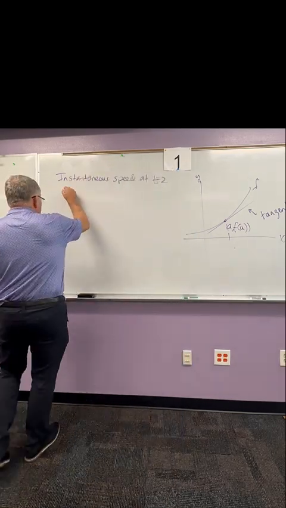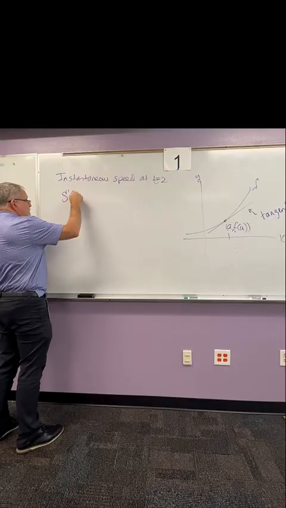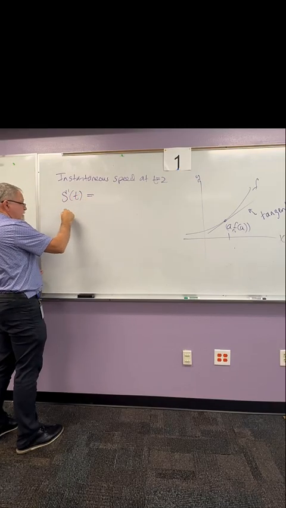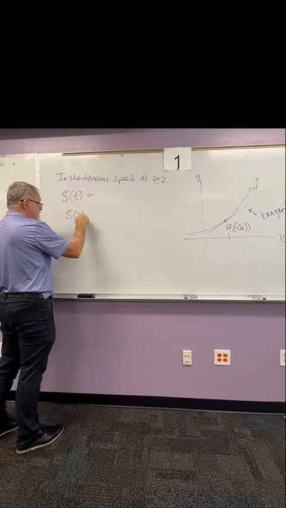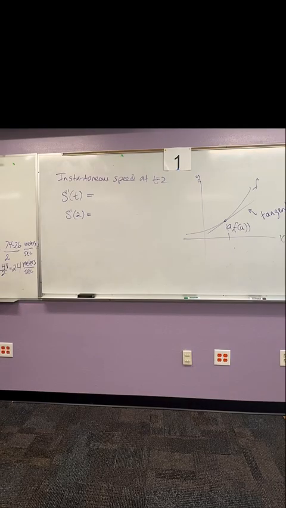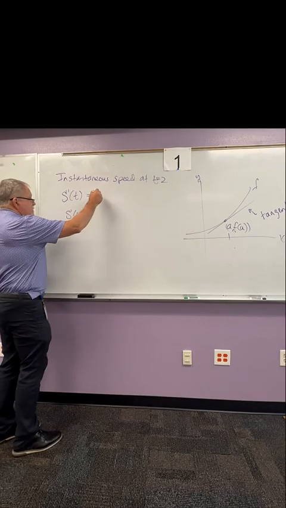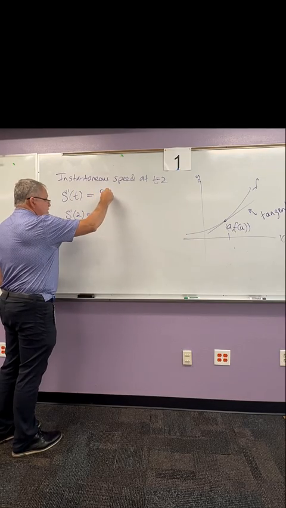We need s prime of 2. Let me get s prime of t first, and then we'll get what s prime of 2 is. Looking at your equation, what is the derivative of this equation? 8t, right? So the derivative of the 10 is what? 0. Then the derivative of this is 8t. So s prime of t is 8t.